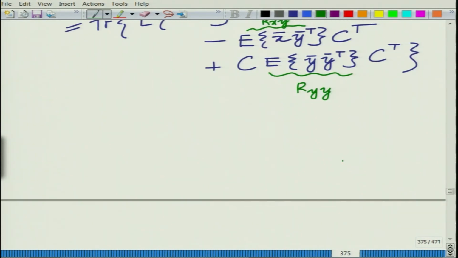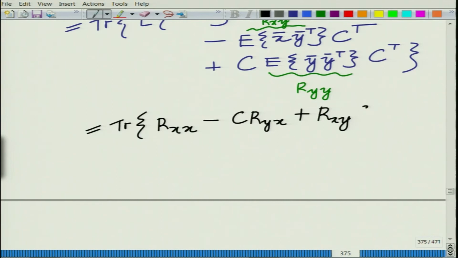So, substituting these quantities, you can simplify this as trace of R x x minus C times R y x plus R x y into C transpose plus C R y y into C transpose.